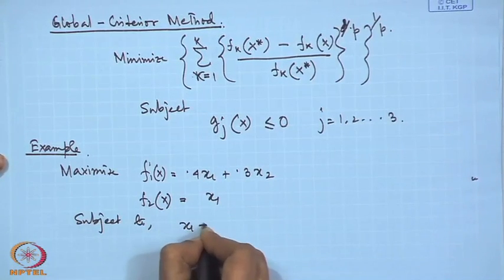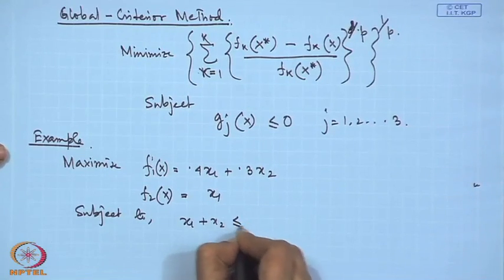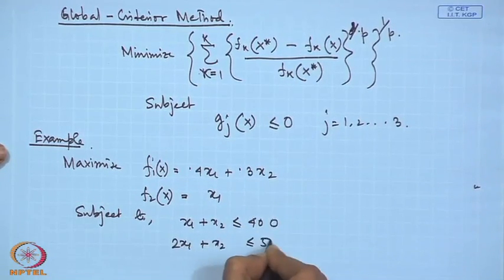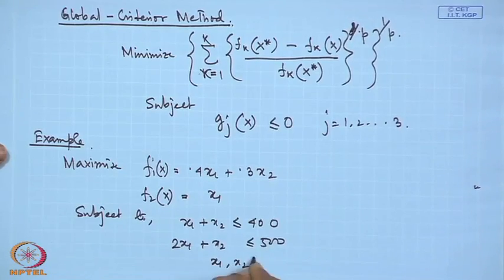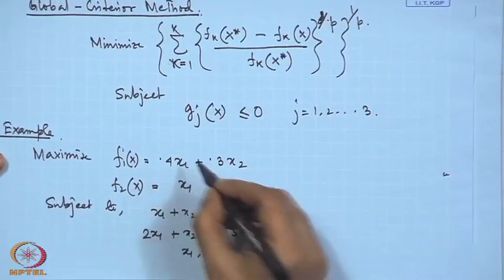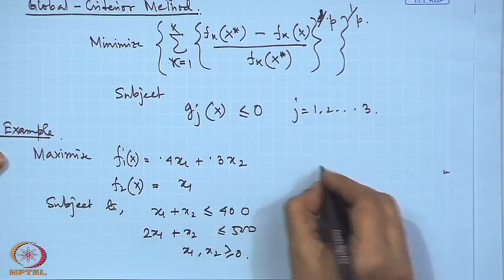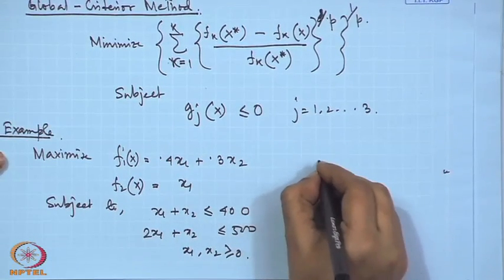Subject to the constraints, we are having x1 plus x2 less than or equal to 400, 2x1 plus x2 less than or equal to 500, and both greater than or equal to 0. If we just maximize f1 subject to the set of constraints, and maximize f2 subject to the set of constraints, then we will get this.